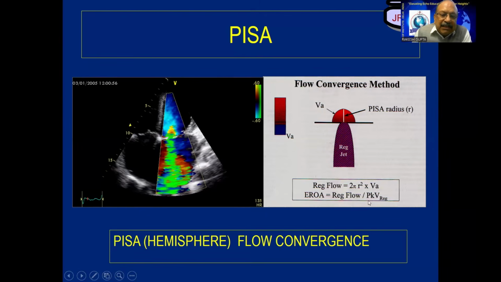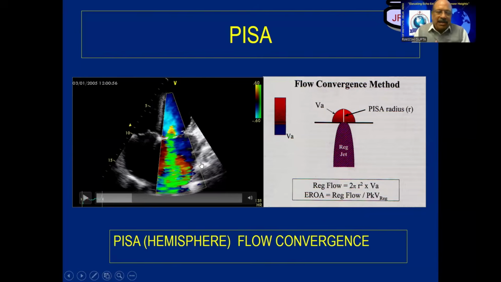Once we get a radius, we calculate the PISA area. That's 2 pi r square. Then the velocity of aliasing. Look at this Nyquist limit. This has gone down. So this Nyquist limit is minus 20, minus 30. And that gives you a regurgitant flow. Regurgitant flow divided by the peak velocity of the regurgitant jet, like suppose it's 4.5, 4.6, we get the effective regurgitant orifice area.